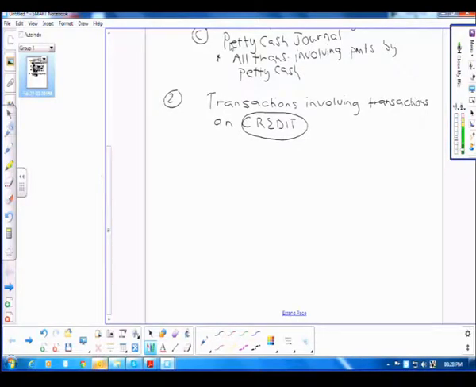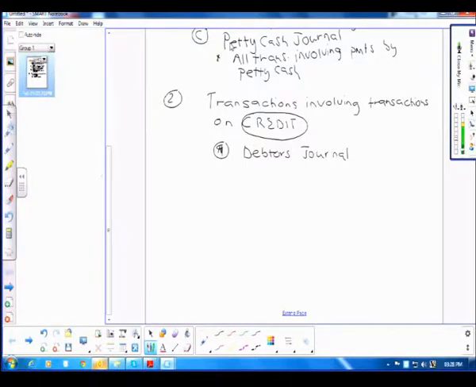So in this category, number one, we have what we call the debtors journal. The debtors journal is where we are selling inventory on credit. Whenever we sell inventory on credit, it will come to the debtors journal.